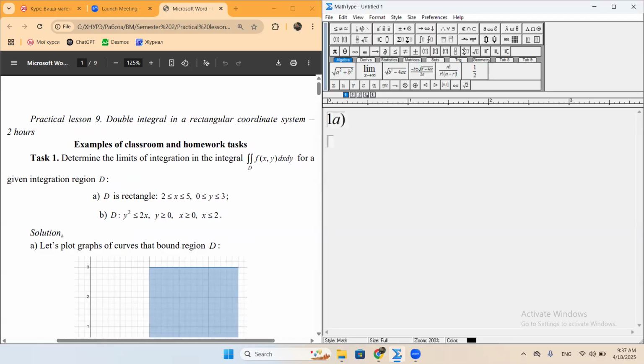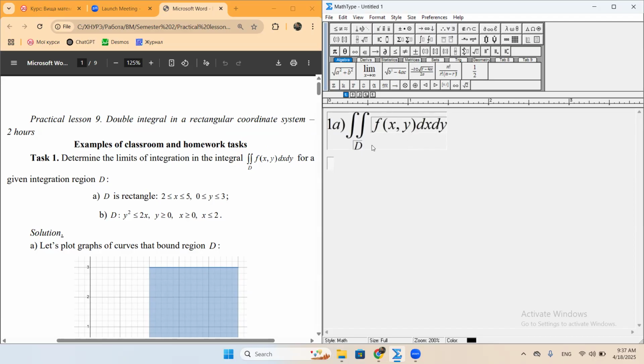So 1a, we have the following integral, a double integral over region D, by variables x and y. For now, it doesn't matter which function we have.